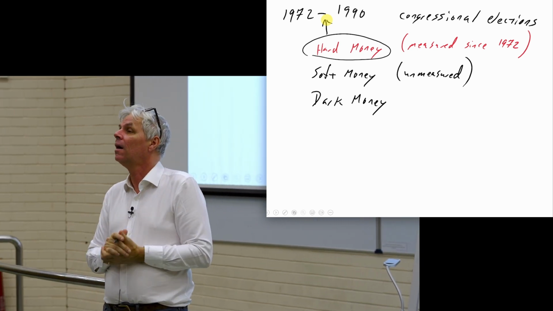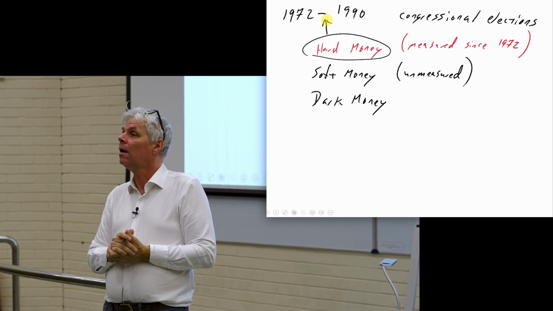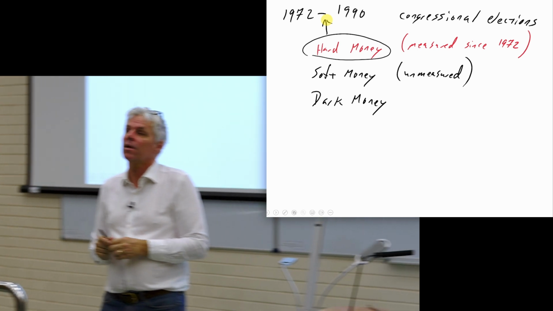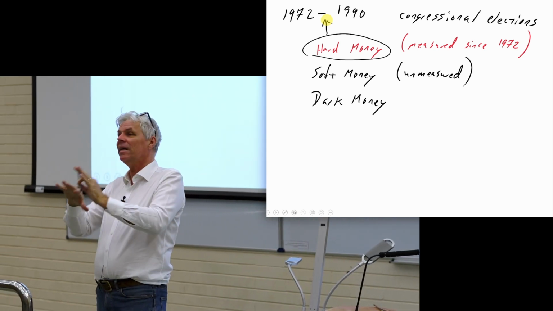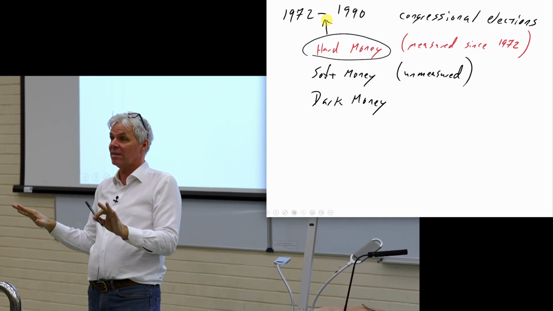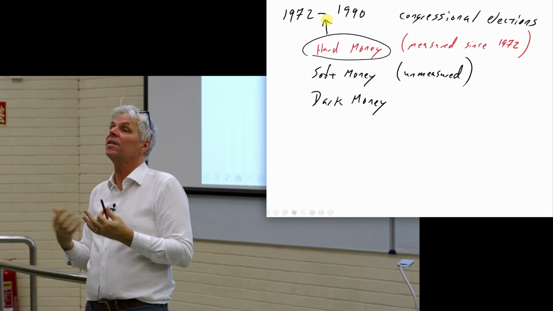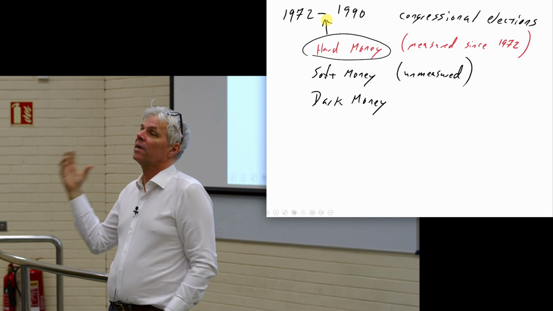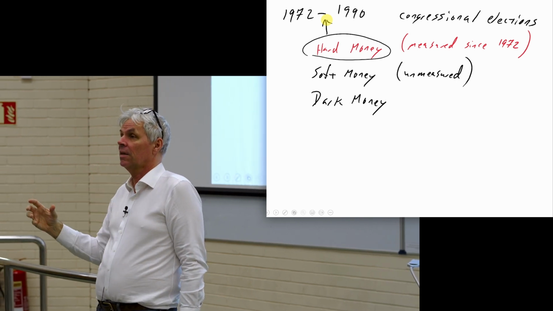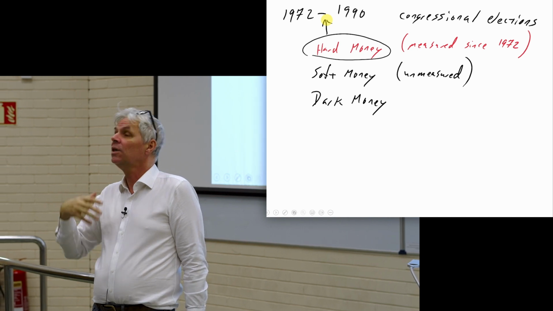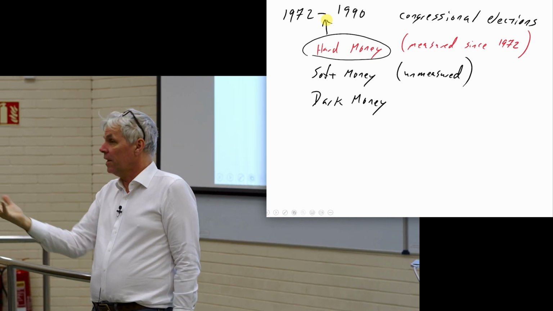Yeah? Could you please repeat the difference between soft and dark money? Yeah. So if I have a political action committee, so this is all just legislation based. It's nothing fundamental, but because of the legislation, there's limits on how much you can give to various entities. And because they've limited the amount that you can give to various political entities, they want those entities to report it.